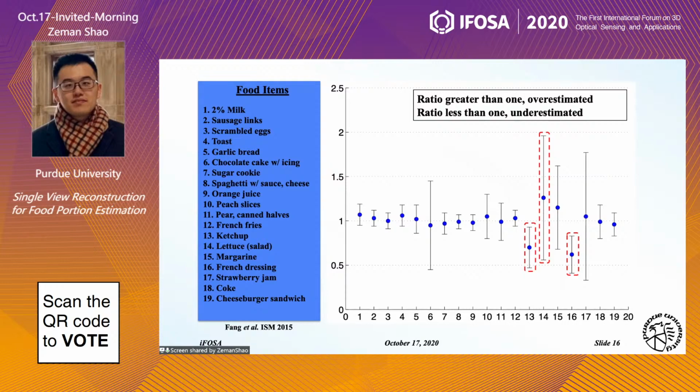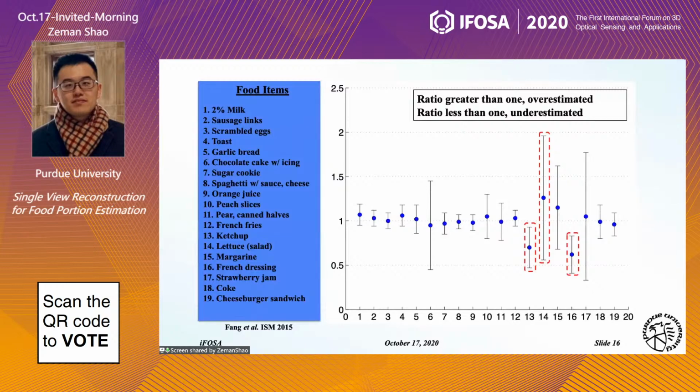As you can see in this figure, most food items have a 15% error or less, which is the ratio shown in the figure from 0.85 to 1.15. Out of the 19 food types, only 3 types of food, number 14, the lettuce, number 16, the French dressing, and number 13, the ketchup, have estimated errors larger than 15%.